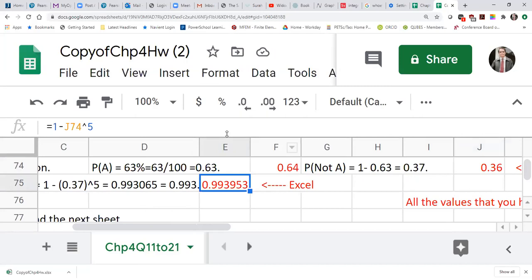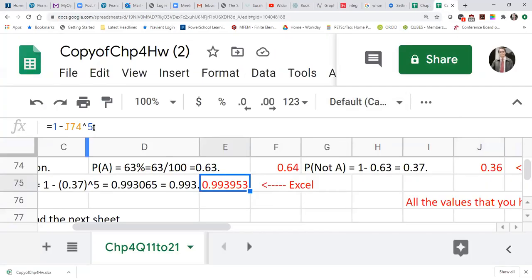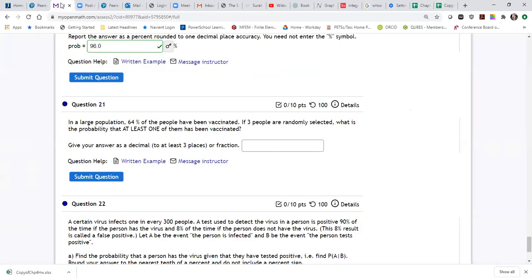But this depends on how many people. In this case, it's 3 people, so I need to put this to the power of 3. You need to put the answer as a decimal, right? Because it says at least 3 decimal places, we should just simply copy and paste it.